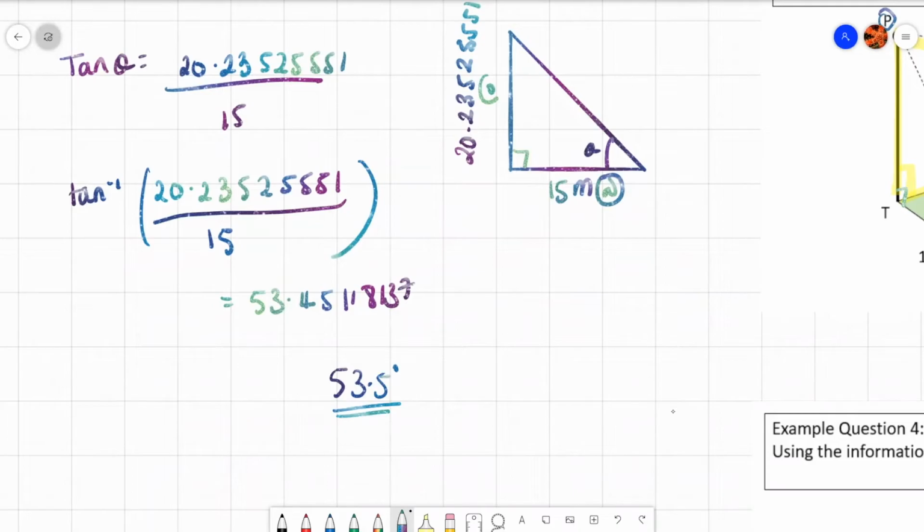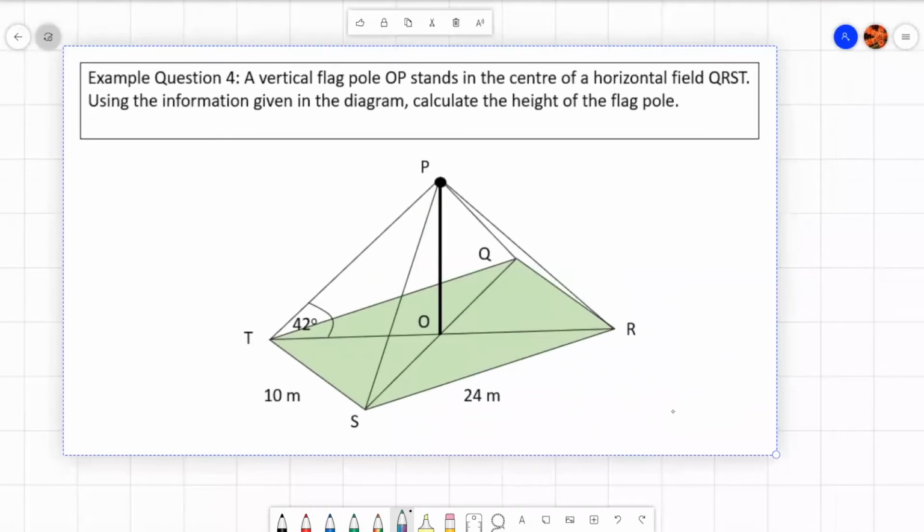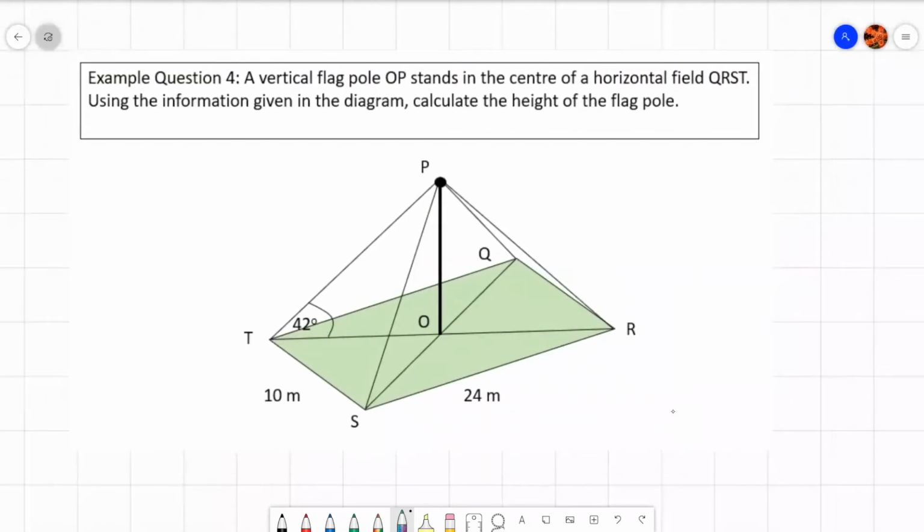Right, let's have a look at one last question then to do with 3D trigonometry. This one here. So a vertical flagpole, OP, stands in the center of a horizontal field, QRST. Using the information given in the diagram, calculate the height of the flagpole. Okay, so we want this height here.